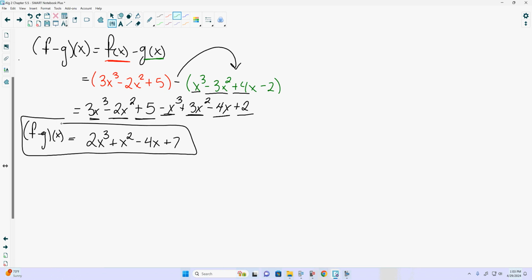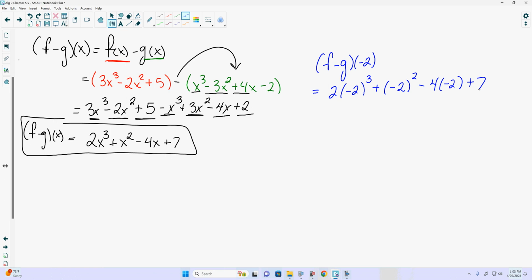Now it did ask us to find f minus g of negative 2, yes? So all we got to do is go back through the function and replace every x with negative 2. So we have 2 times negative 2 cubed plus negative 2 squared minus 4 times negative 2 plus 7.